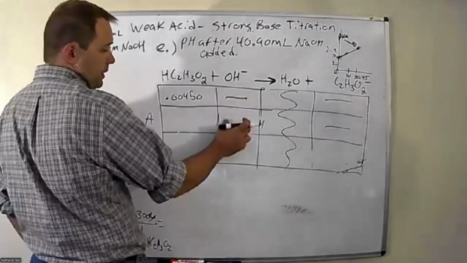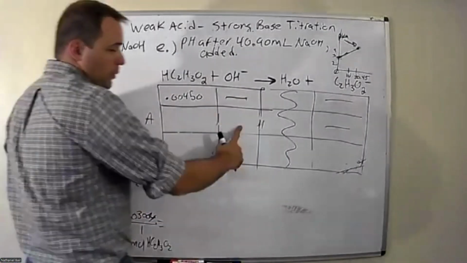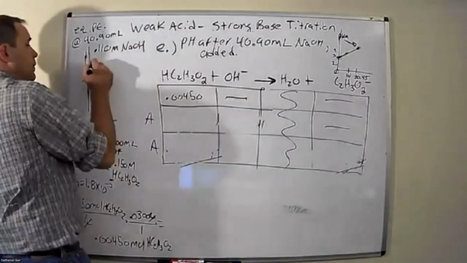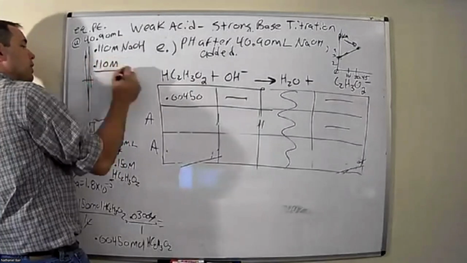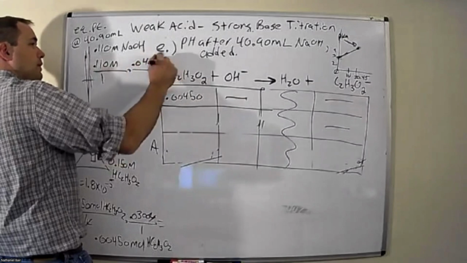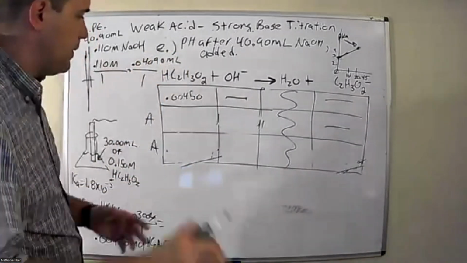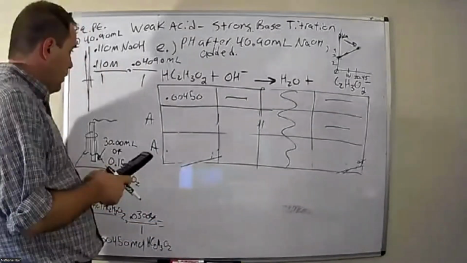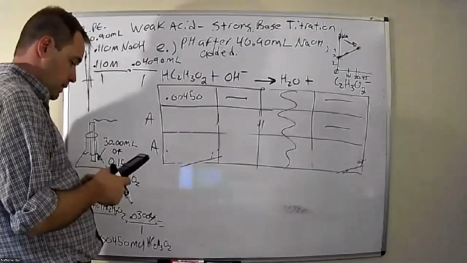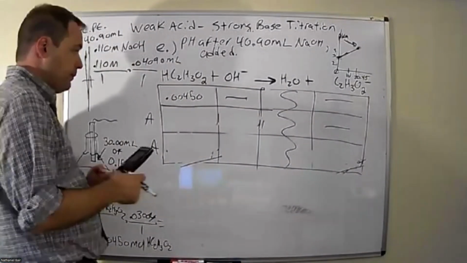So we need to figure out how much hydroxide we're adding. Now, if you're smart, we're at the equivalence point, so we're adding the same number of moles, right? But let's just prove it. 0.110 molar times 0.0409, right? Pop that in your calculator. 0.11 times 0.0409.